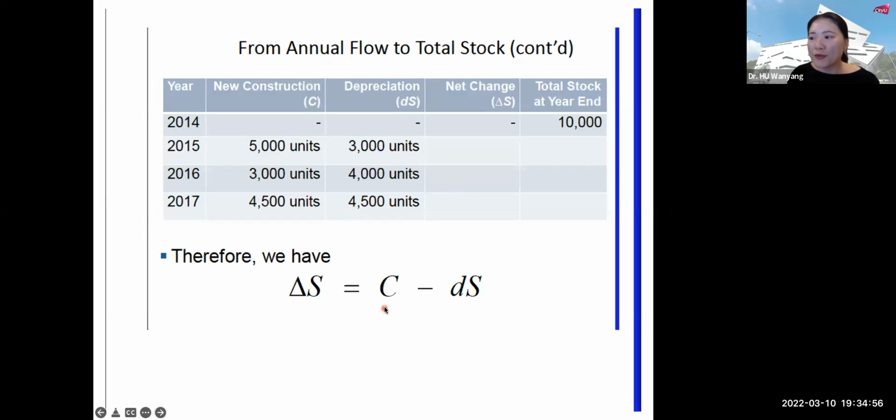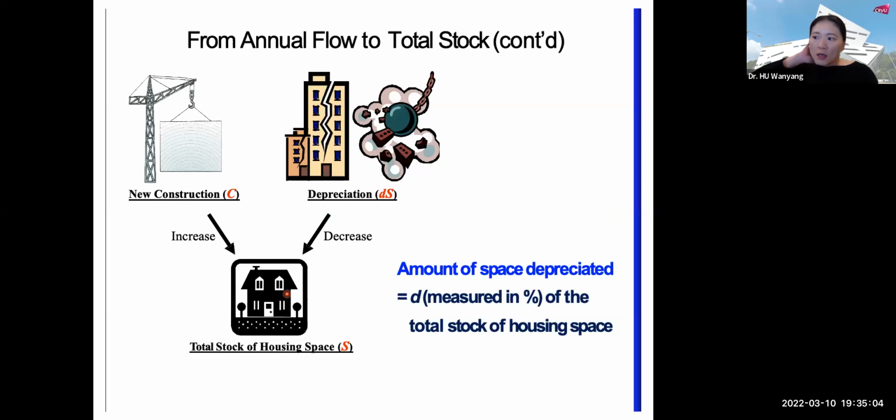So this is annual flow. How do we relate annual flow to the housing stock? This is basically the same, just using a graph to represent what we have depicted with the formula.